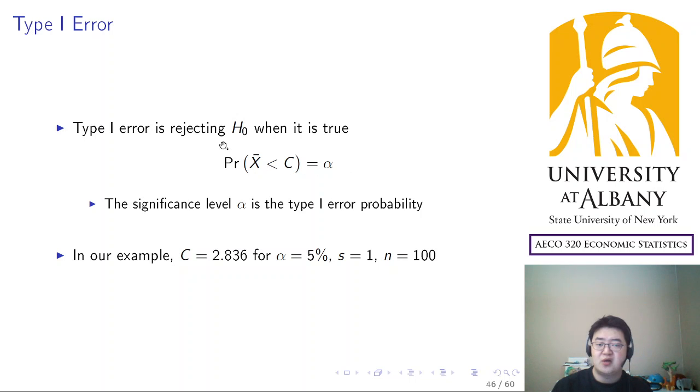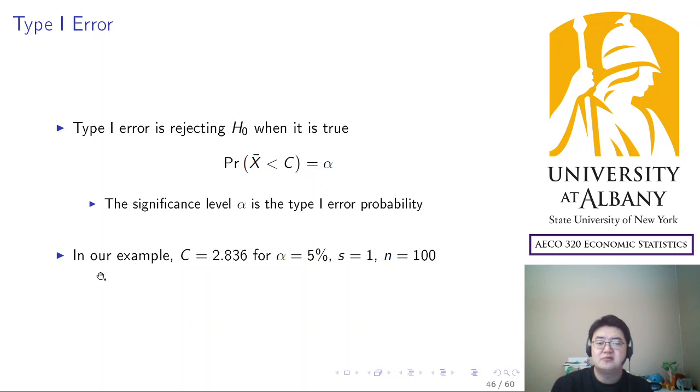So if you have critical value, rejection happens if X bar is smaller than the critical value, and its probability, the type 1 error probability, will be alpha. I'm not going to derive the equations again. It's exactly the same standardization and use of the standard normal distribution table, and then you are going to get alpha. If not, something is wrong. You have to get alpha.